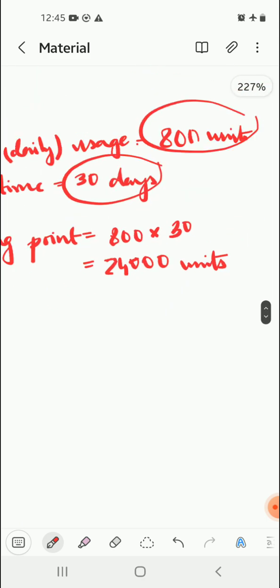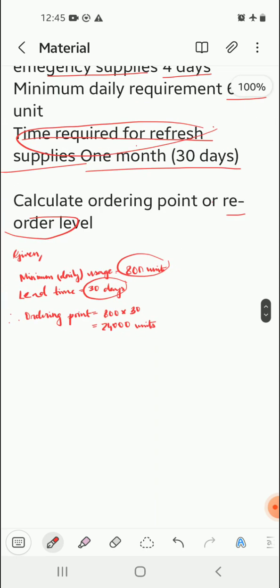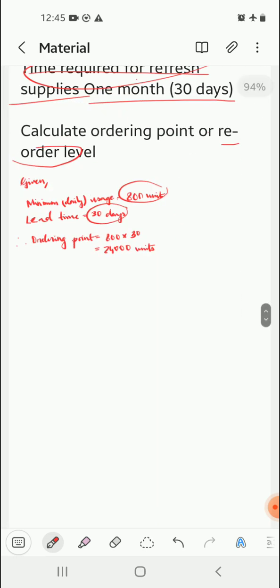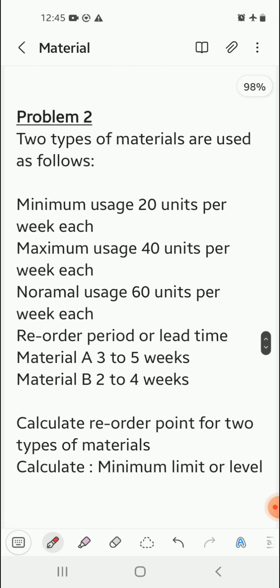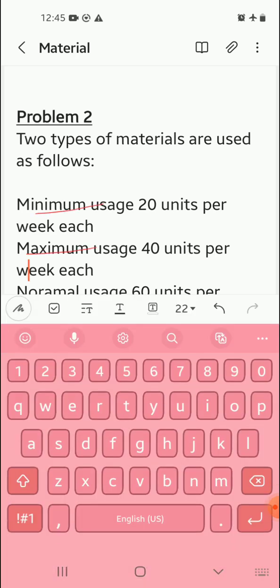is the answer. Now we come across a similar sum with some more information and a bit more complication, that is problem 2. Now there are two types of materials that are used, material A and material B, and their minimum usage, maximum usage and normal usage is given.